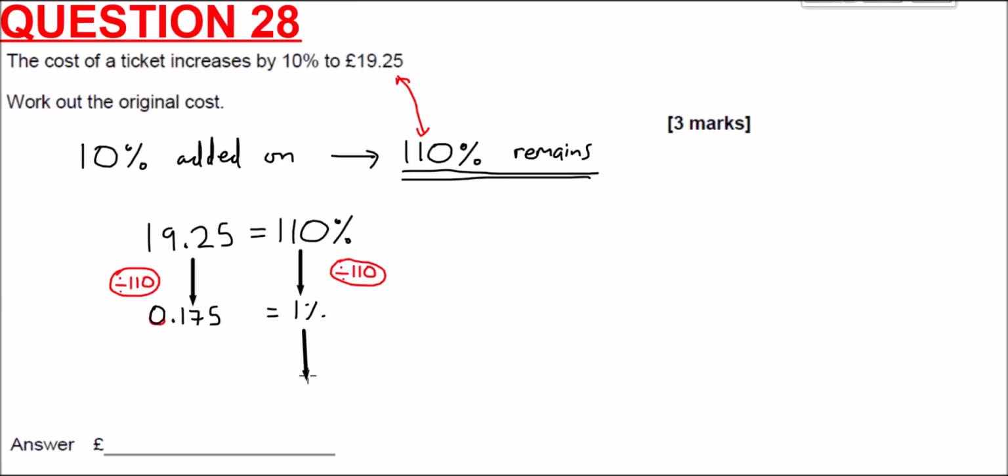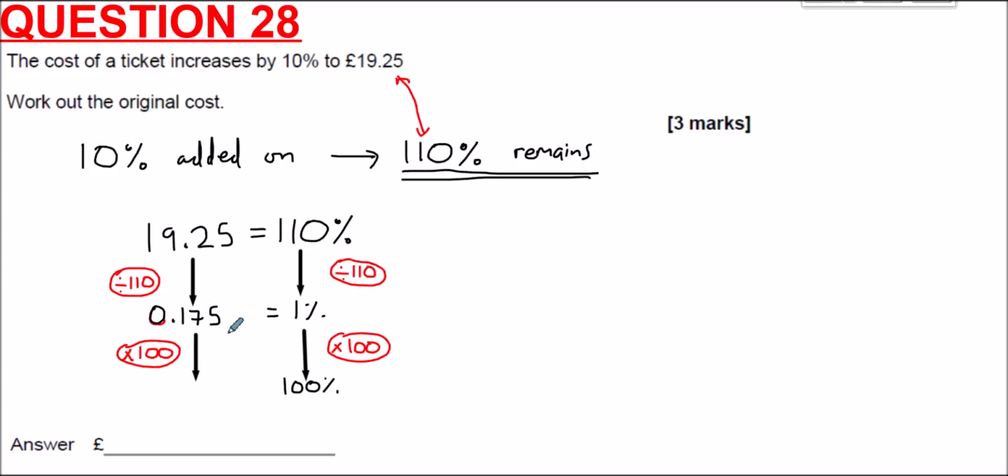Now we can work out what 100% is. To go from 1% to 100%, we just need to multiply by 100. What we do to one side of this relation, we need to do to the other side as well, to keep it in balance, to keep it in proportion.